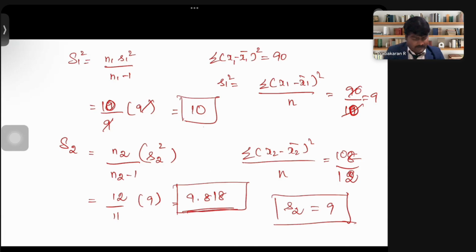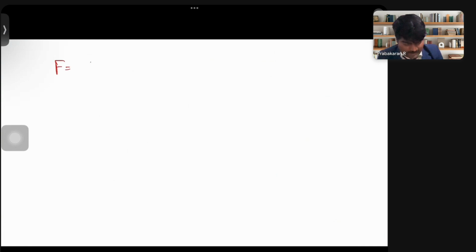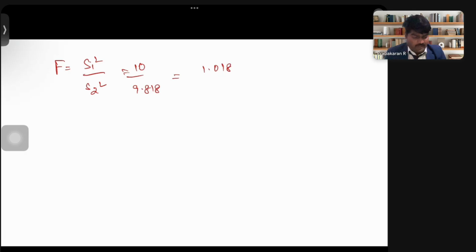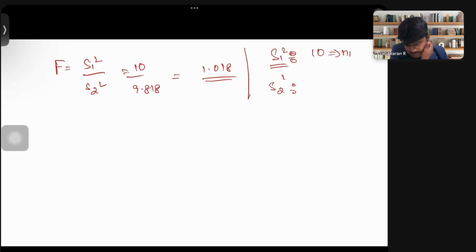While comparing these two, the greater value is S1 square. So the F test is S1 square by S2 square, so 10 by 9.818. The value comes to nearly 1.08. Now we can go for the table value. The first sample size is 10 and the second sample size, S2 square, which is in the denominator, is 12.